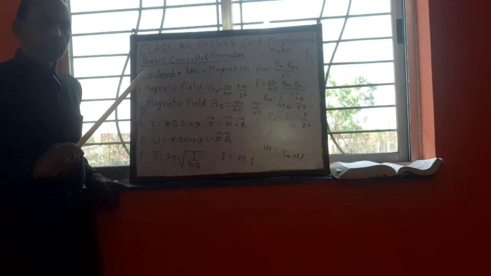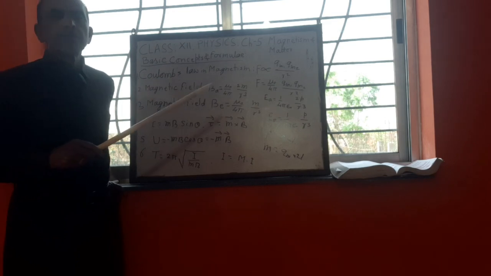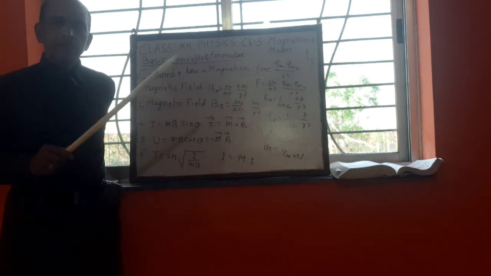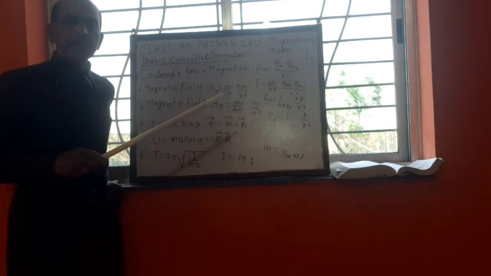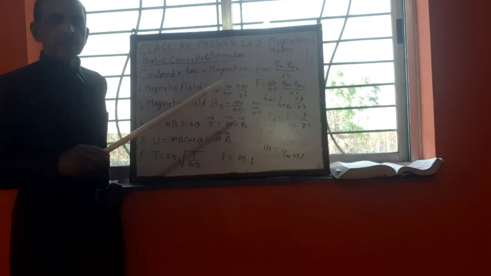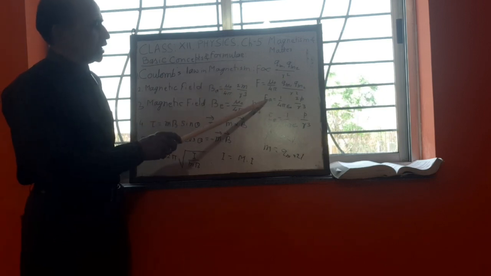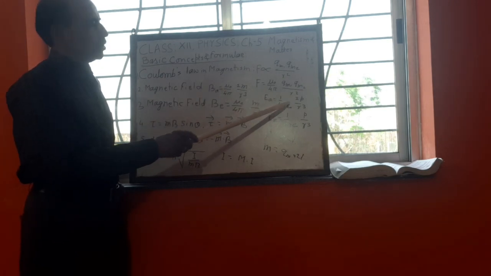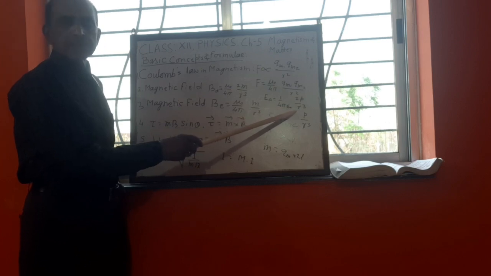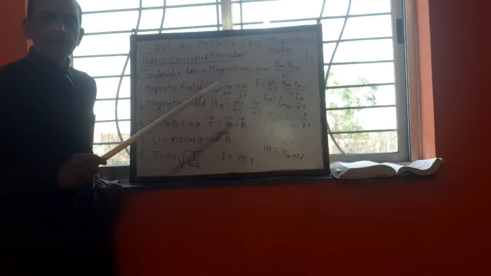So for an electric dipole, the electric field at a point on the axial line, EA, is equal to 1 by 4 pi epsilon naught 2p by R cube. In the same way, a bar magnet is a magnetic dipole.